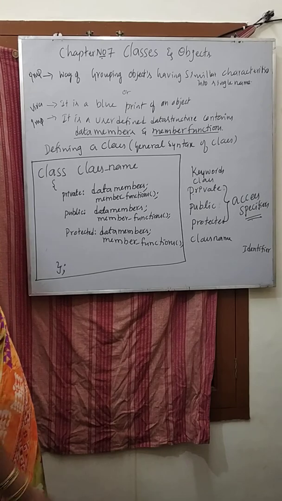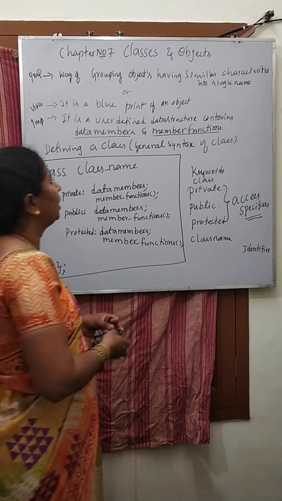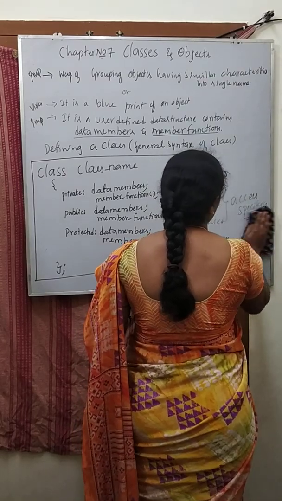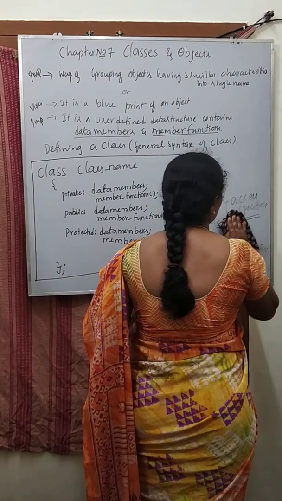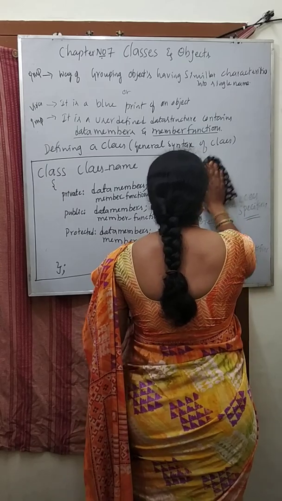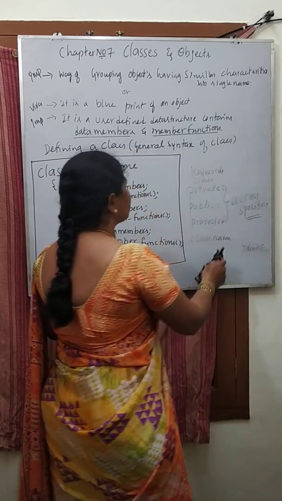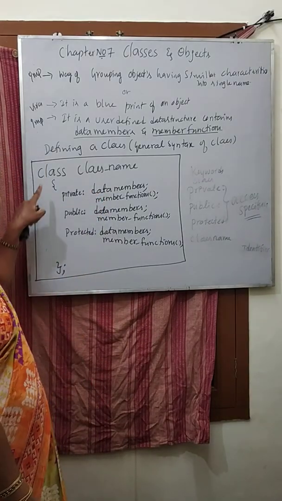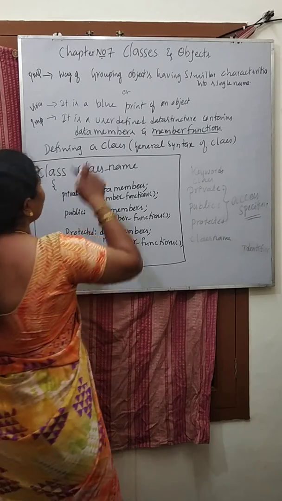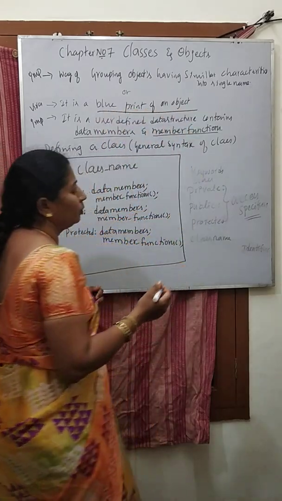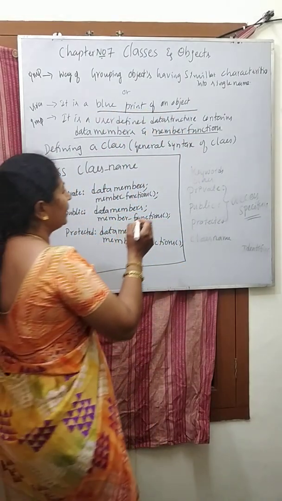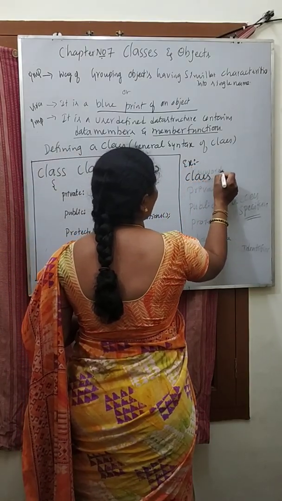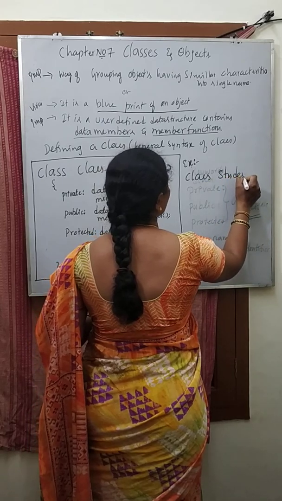What is a class? It's a way of grouping objects having similar characteristics into a single name. It is a user-defined data structure that contains data members and member functions. This gives you the blueprint of an object. Example: I am creating a class with the name student.